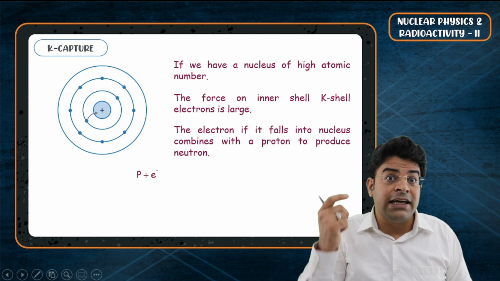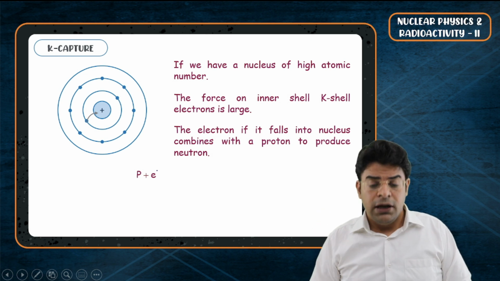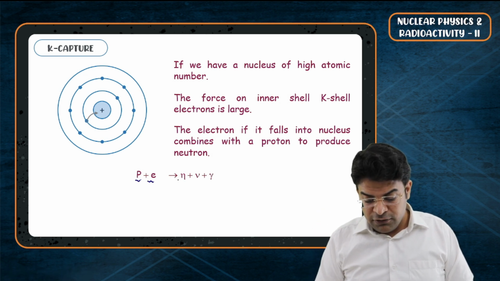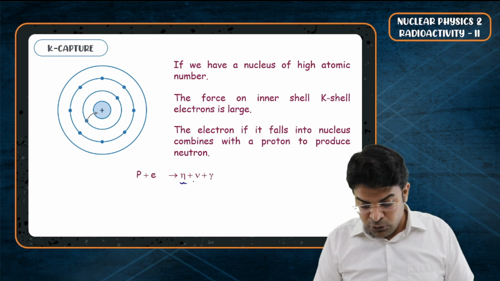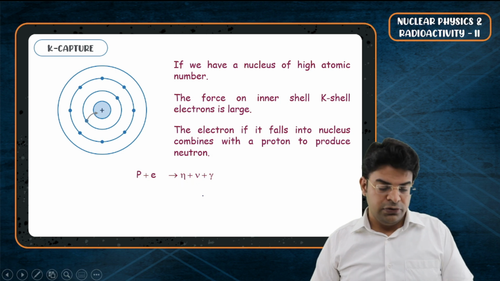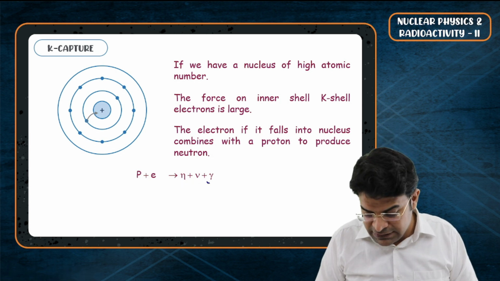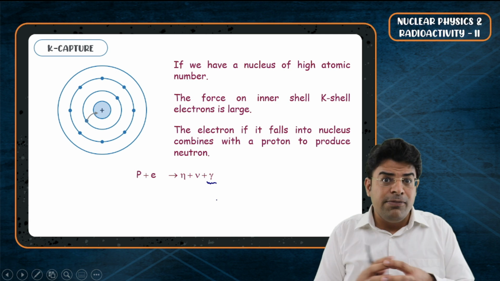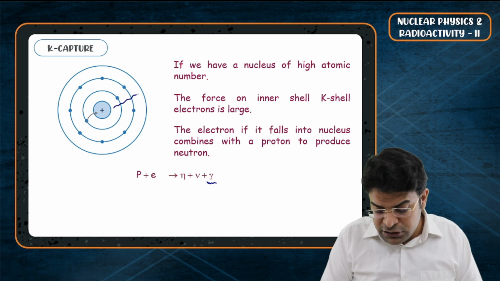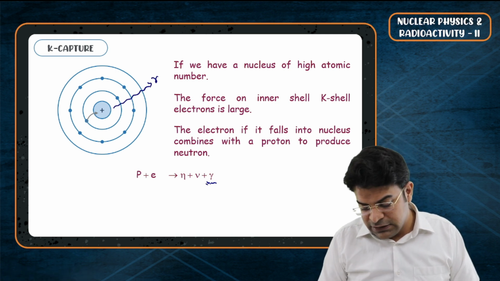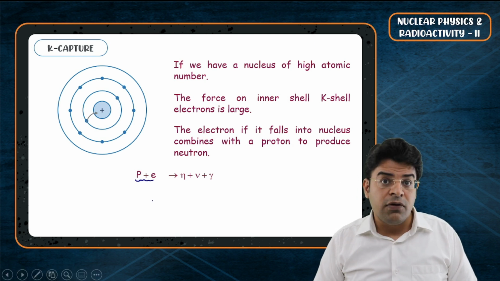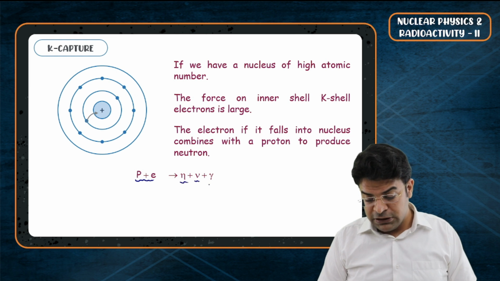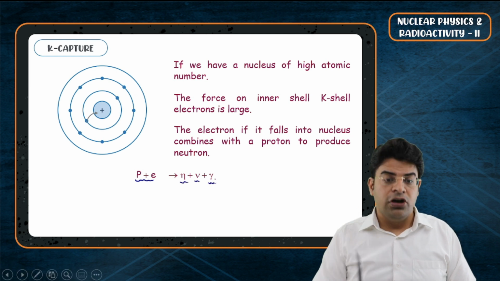This electron has come from outside the nucleus. And this proton plus electron converts into a neutron. Every time a neutron is born, a neutrino is born. And definitely this process has taken place. To attain stability, a high energy photon is radiated out, and this is called a gamma photon. So a proton plus electron converts into a neutron plus a neutrino, and a gamma photon comes out of the nucleus.